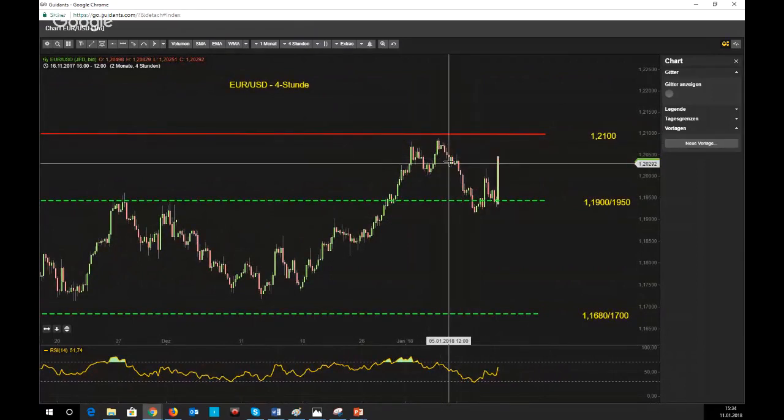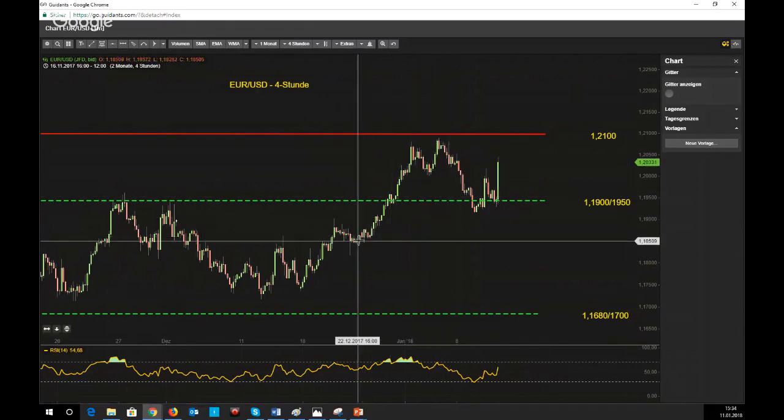I think the main reason was because much of this reading around the NFPs was already priced in. The number came in below expectation, even though the unemployment rate and average hourly earnings came in as expected, which made the overall reading a mixed one. You can already see this in Euro USD.